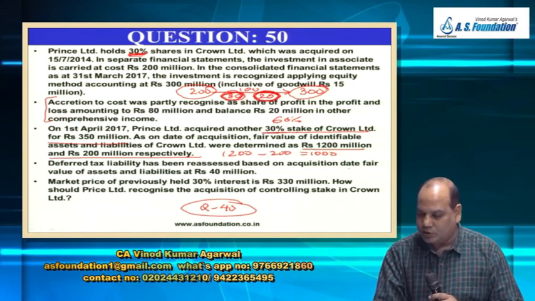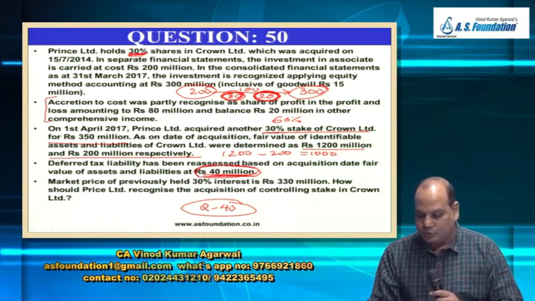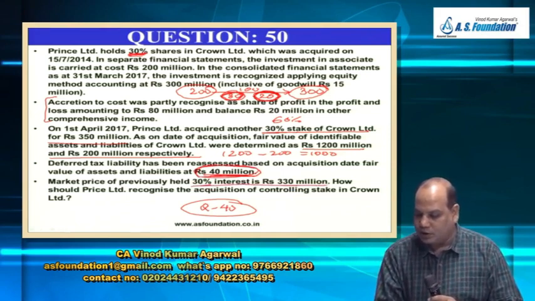DTL has been reassessed based on the acquisition date fair value of assets and liabilities at rupees 40 million. So this figure they have given to us. No problem. Market price of previously held 30% interest is 330 million now. So this I will use for calculation.